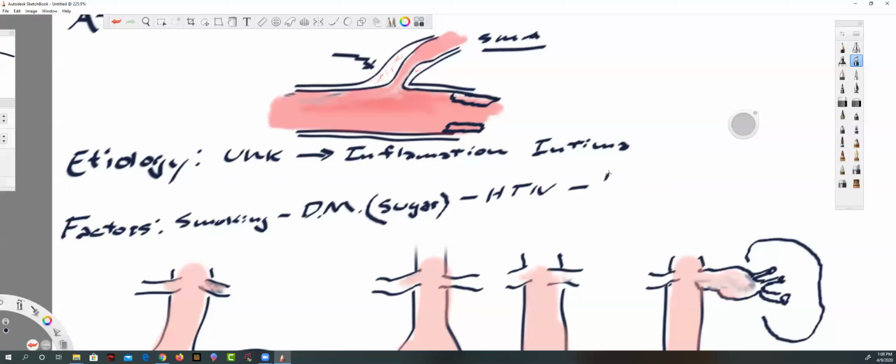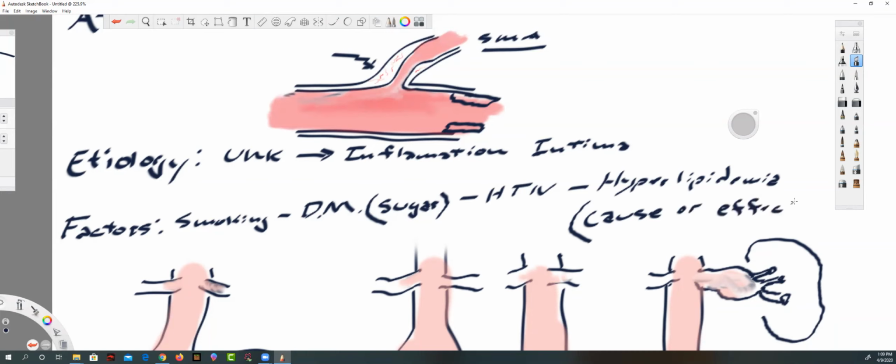And I also want to say that hyperlipidemia is the question that some doctors are asking: is it the cause of atherosclerosis or the effect?